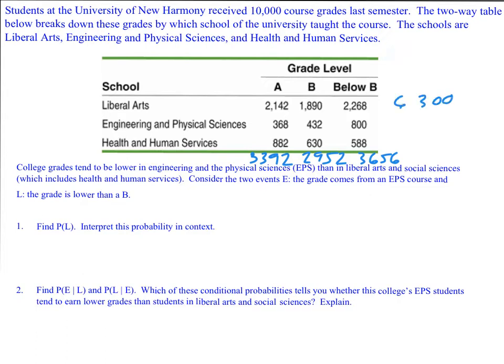There's 6,300 liberal arts students, 1,600 in engineering and physical science, and 2,100 in health and human services. Giving us a total of 10,000.